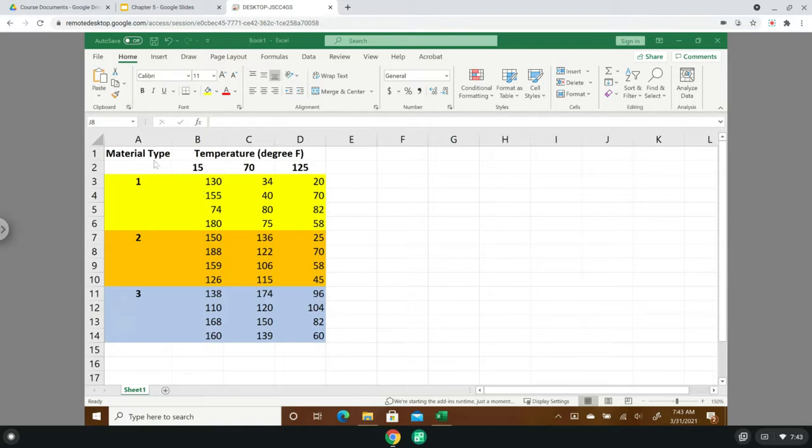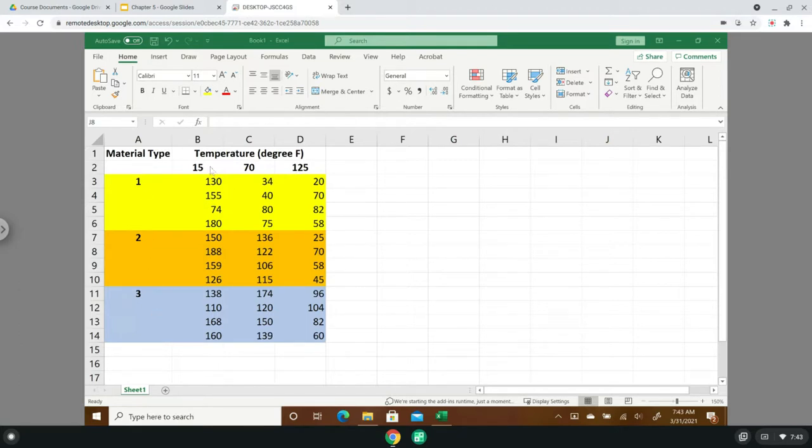We have two factors. One factor is material type, second factor is temperature. Each factor has three levels. Material type has three levels, temperature has three levels. Our sample size is four, and the total number of experiments performed is, first of all, there are three times three, nine combinations, right?